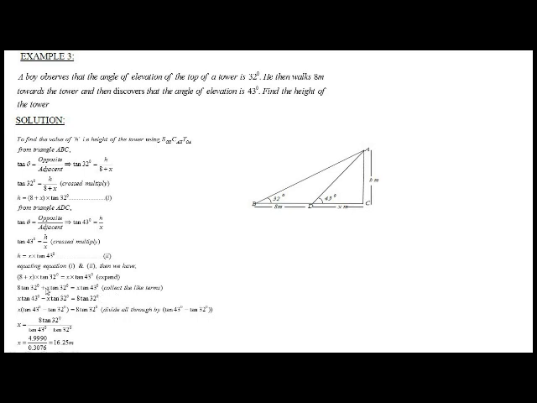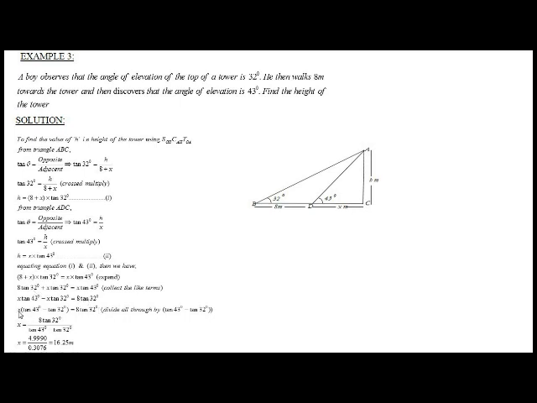At this point, X is on this side and X is here. That simply means we're going to collect the like terms. Collecting the like terms, I take X tan 32 to this side, which makes it X tan 43 minus X tan 32 equals 8 tan 32.